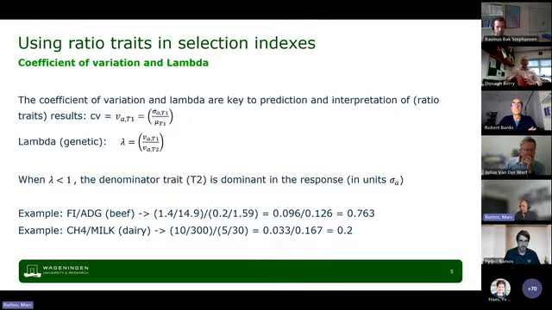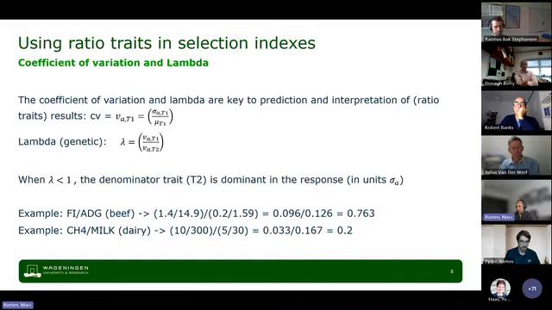So you see the additive genetic variance for trait 1 divided by the additive variance for trait 2. And this has also been described previously in the paper by Julius: when lambda is smaller than 1, the denominator trait, so in this case trait 2, is dominant in the response. So when lambda changes, you see that the response in both underlying traits shifts from one trait to the other.